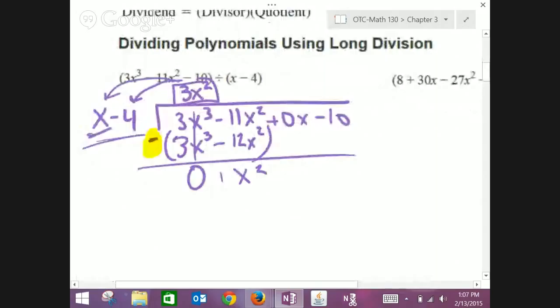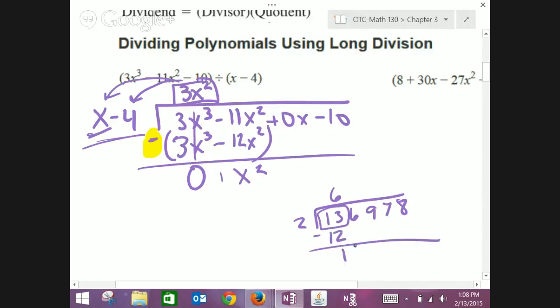Do you guys remember doing some of this? You've never done it with polynomials, but you remember long division with large numbers. If I say what's 2 divided into 1, 3, 6, 9, 7, 8, I would ask what I need to multiply by 2 to get 13. Multiplying by 6, 6 times 2 gives me 12, and I subtract that and I'm left with 1, 6.